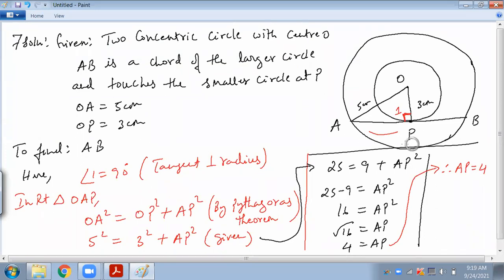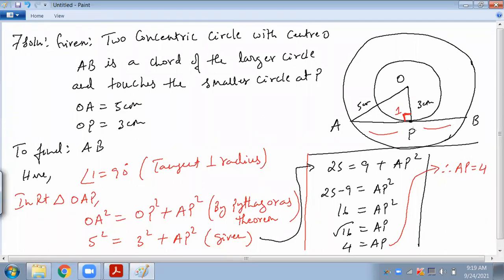In class 9, we have learned that a perpendicular drawn from the center to the chord bisects the chord. OP is a perpendicular from the center to the chord, so it will divide the chord into two equal parts.